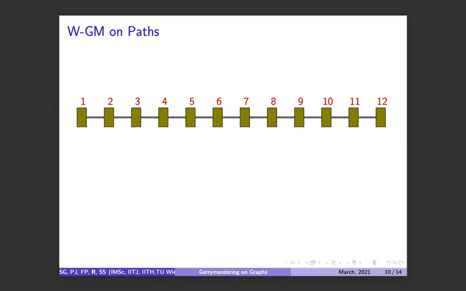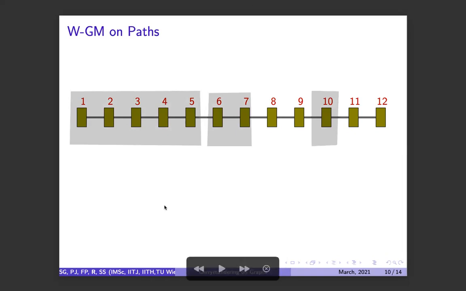So what do we want to do here? We want to divide this graph into districts. Is this a correct districting of the graph? Here 1 to 5 is in one district, 6 7 is in another district, 10 alone forms a district, but we want a partition of the graph, right?